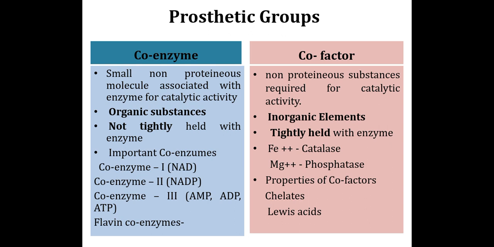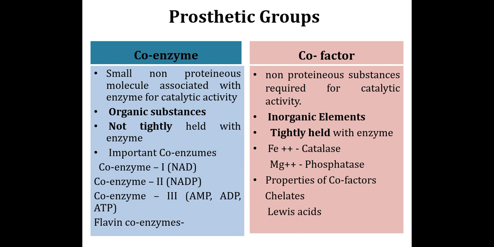Examples of coenzymes are NAD, NADP, and AMP, ADP, ATP, and like that. Whereas cofactors are inorganic elements, metallic ions, and they are very important for the catalytic activity of enzymes.